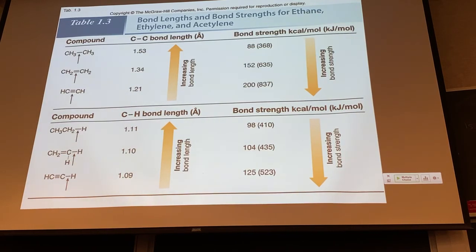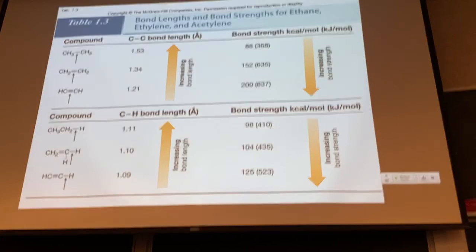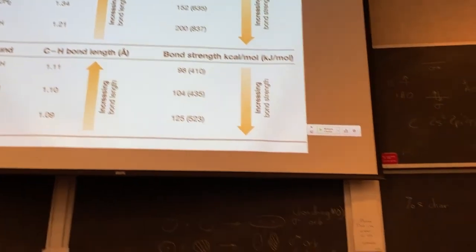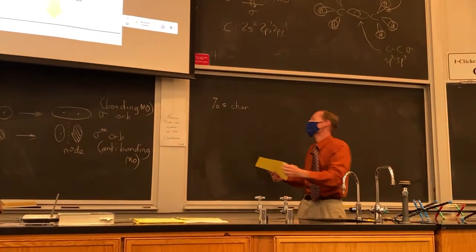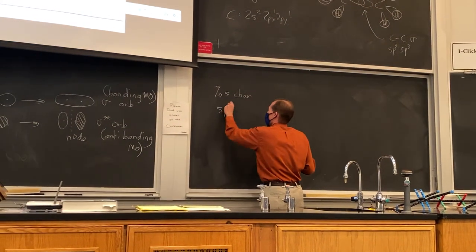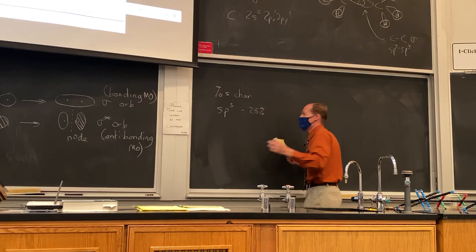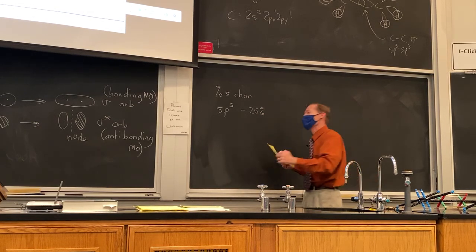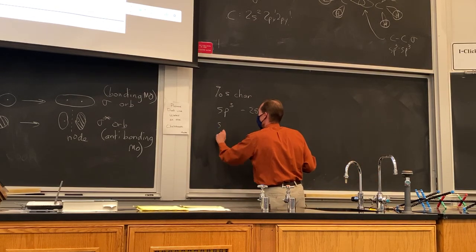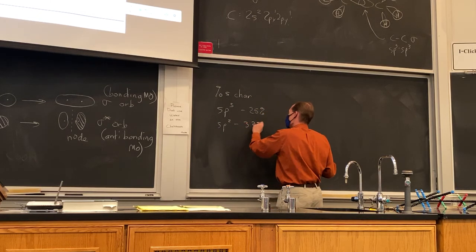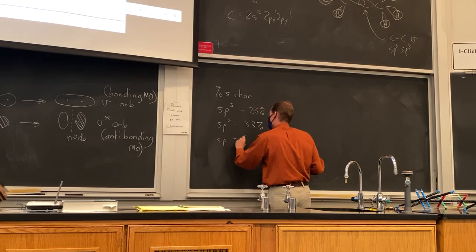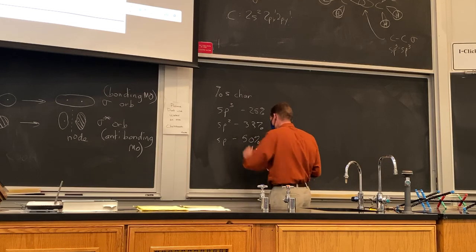So that's the key difference that we have, what we would call the percent S character of those hybrid orbitals involved in forming the carbon-hydrogen sigma bonds. sp3, we would say, has 25% S character, because it's 1 part S, 3 parts P. sp2, 33%, sp, 50%. Okay?